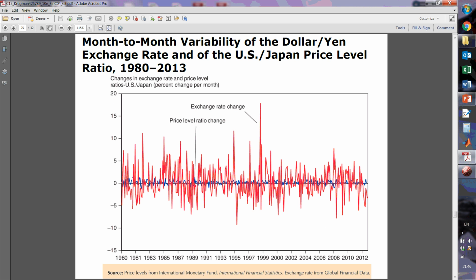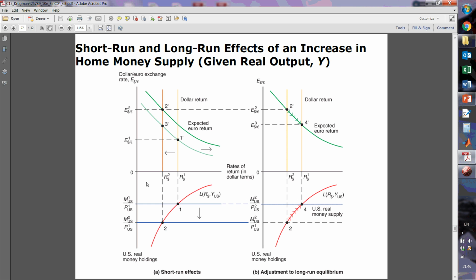So, bringing this back to the diagram, if price levels are rising, we would expect that the exchange rate on the domestic currency is going to be depreciated in the future.